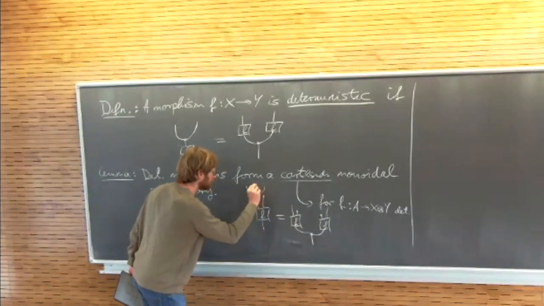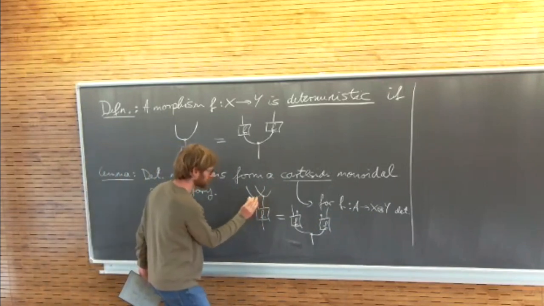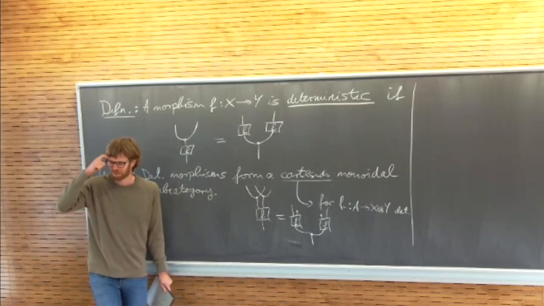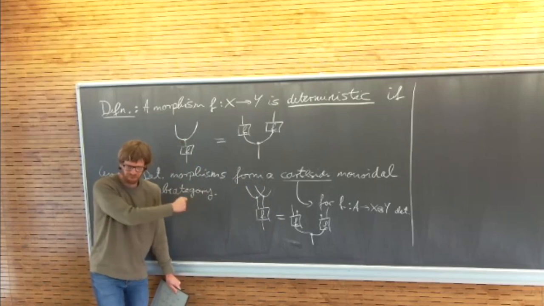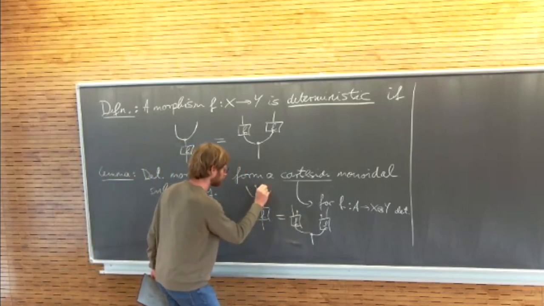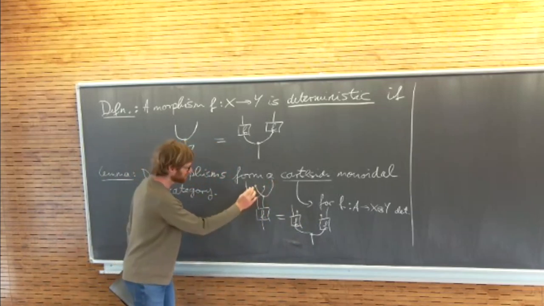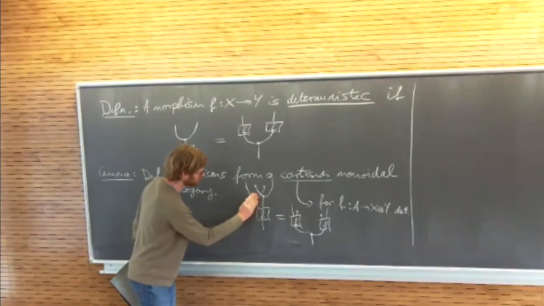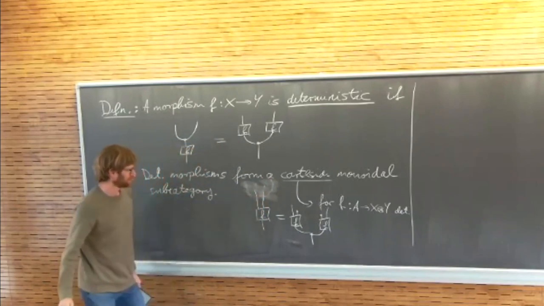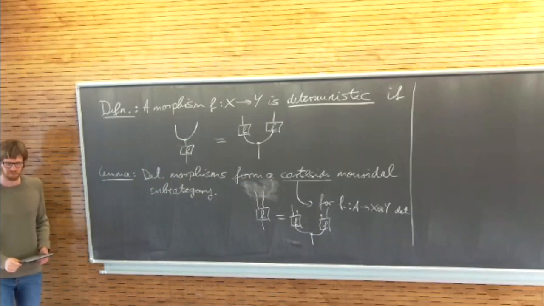We get the copy of X tensor Y up here, which factors in the way that I've just drawn by the definition of CD category, this multiplicativity condition on the copy, and now discard the two middle wires. Okay, but now we can simplify this thing up here by just using the counitality. And so then we just get the identity here. So this just disappears. And this is how you prove it.